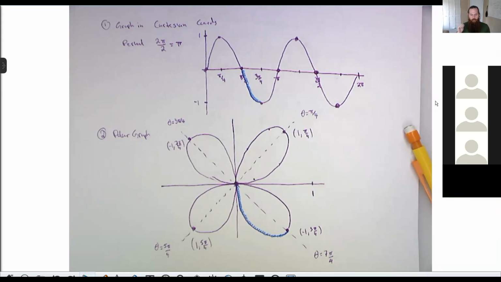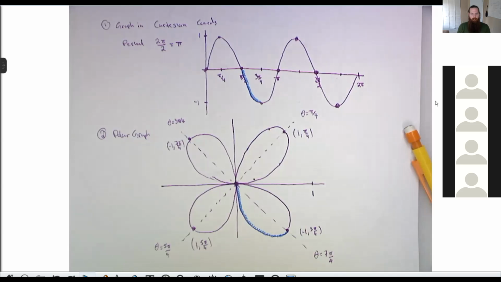What do you think sine 3 theta would have? Yeah, 6? That's a very reasonable guess. But it's got 3. So there's something interesting going on here.